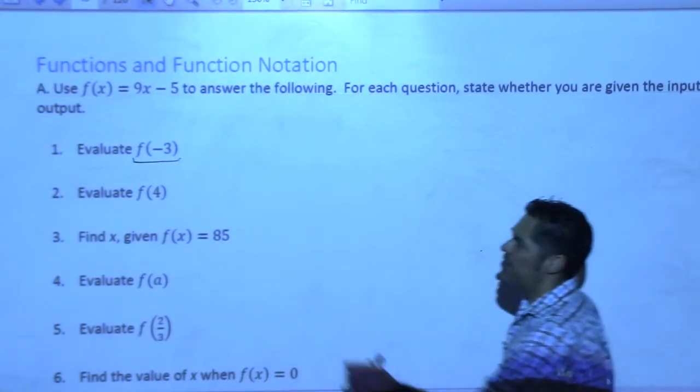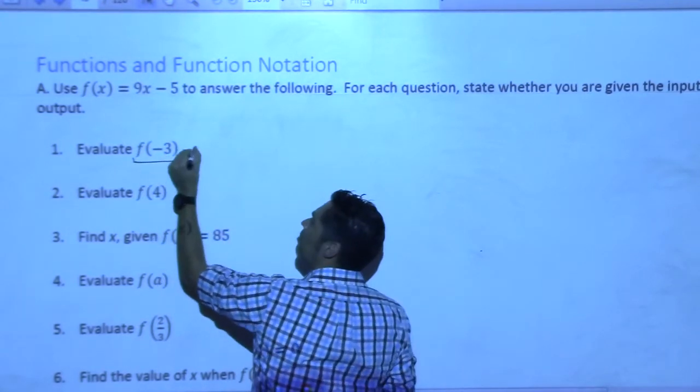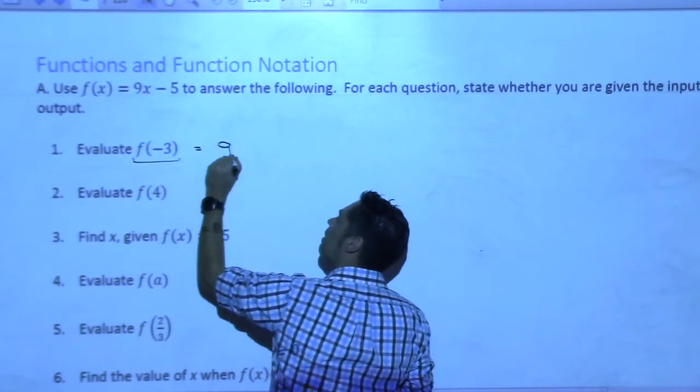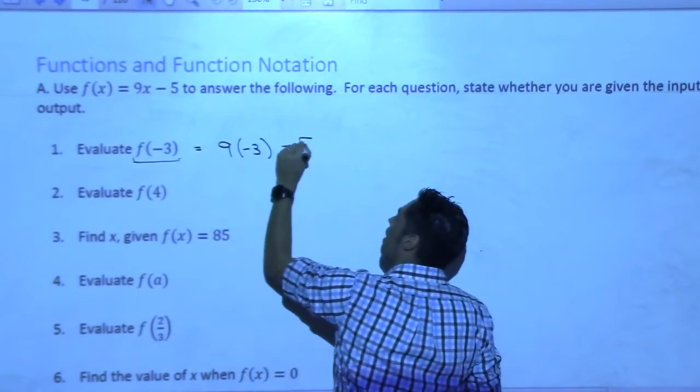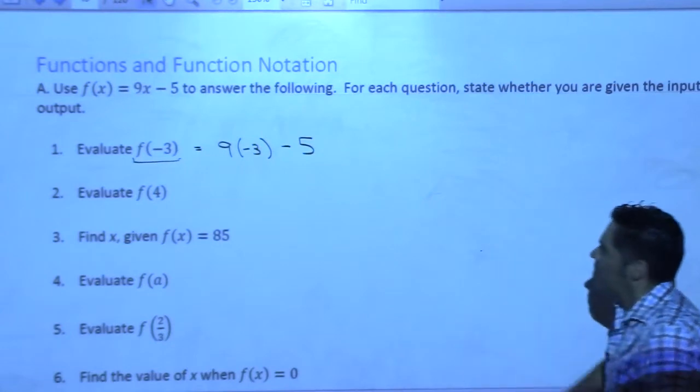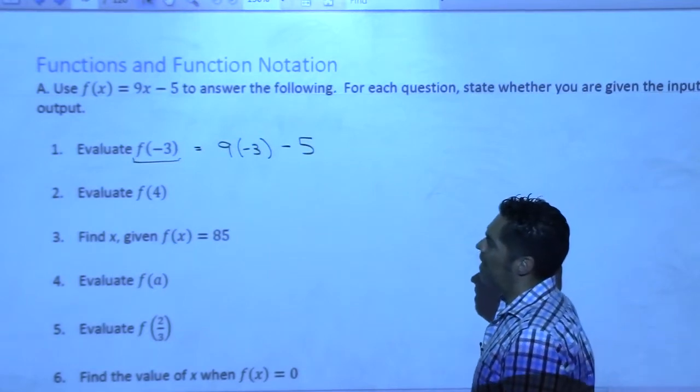Replace this x right here with negative 3 is what they're saying. So you're just going to rewrite this. This is going to be 9 times negative 3, that's multiplication, and then minus 5. That's all it means. Replace the x with negative 3.